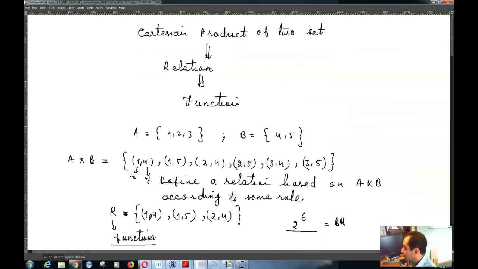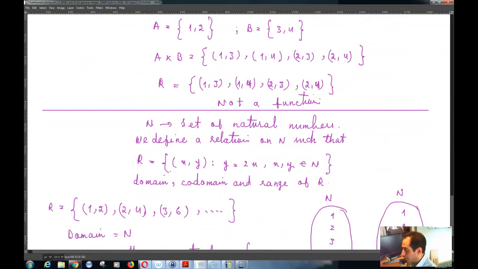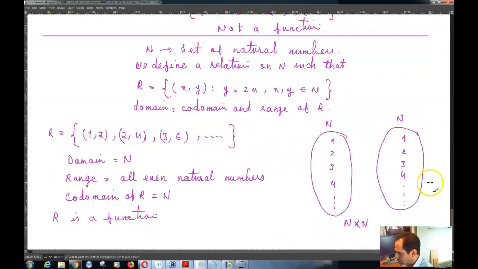Another example that we have is y equal to 2x.